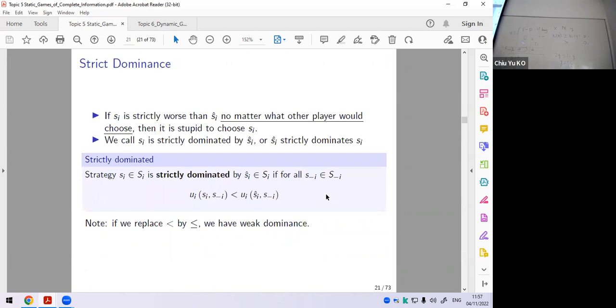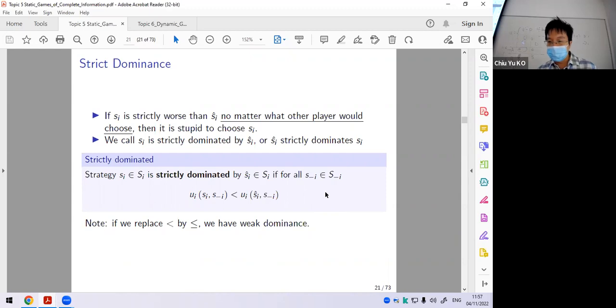Like this, B is weakly dominated by A. When you choose D, B is worse, but with the other choice they are the same. Is that clear? Strictly dominated has to be strict. If it's 5, then it's strictly dominated, but 4 is not. Is that clear?